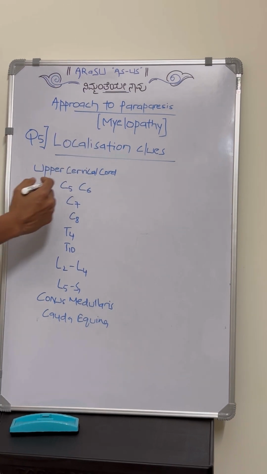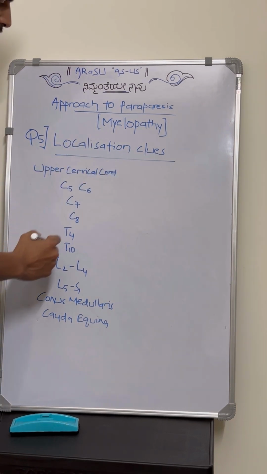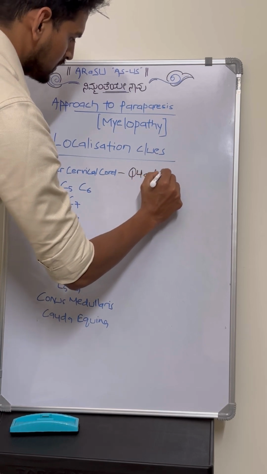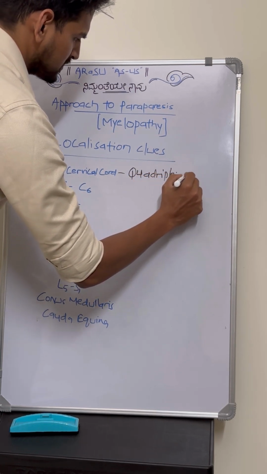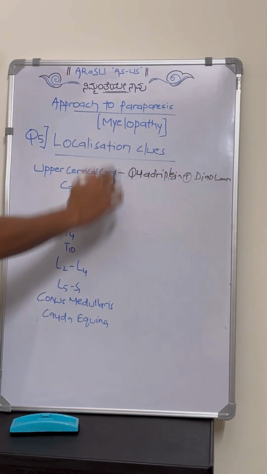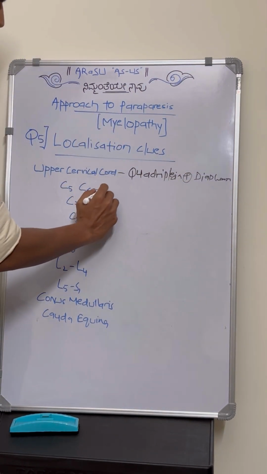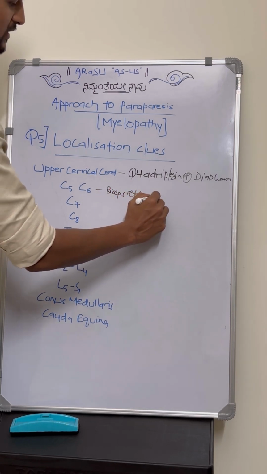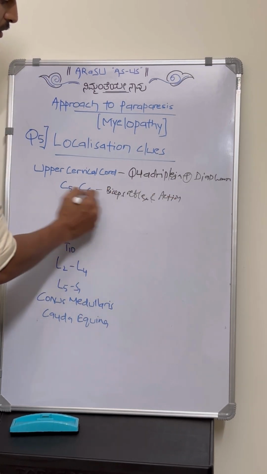For example, if there is an upper cervical cord lesion, they will present with quadriplegia plus diaphragm will be involved. So breathing difficulty will be there, that is the clue. C5, C6: biceps reflex and its action will be affected. So this is the clue.